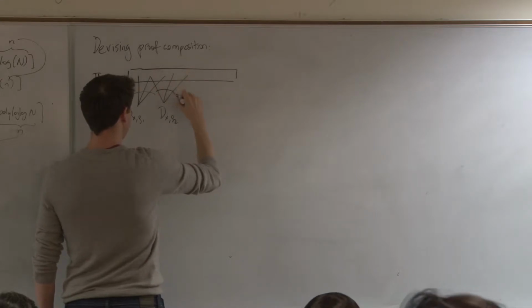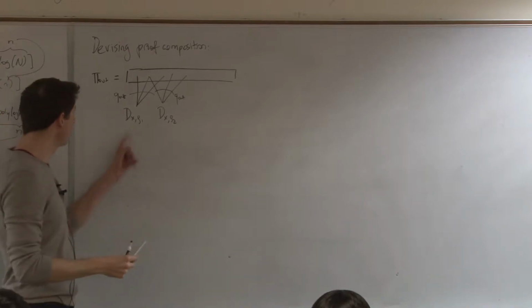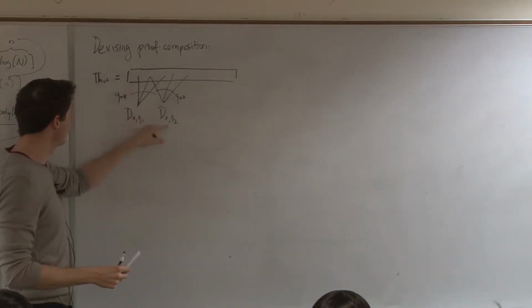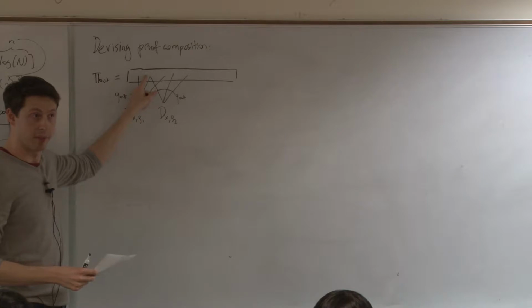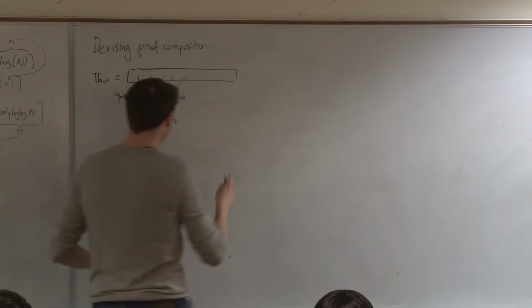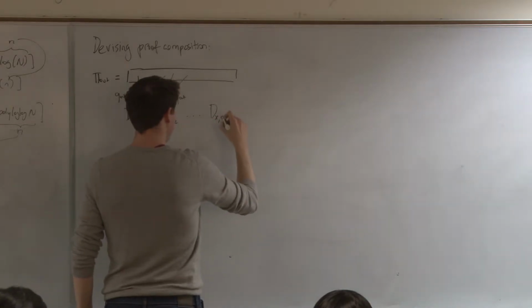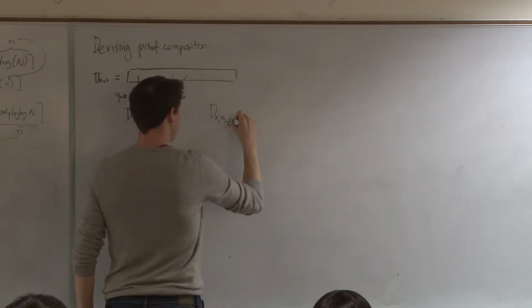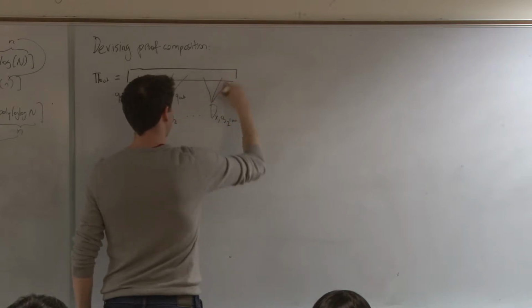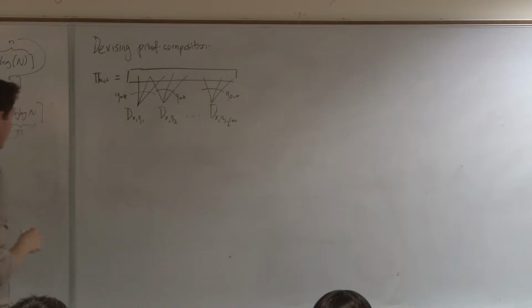And notice that some of these queries will overlap. It could be that the first test wants to look at this location, and the second test also wants to look at this location. Notice that they should read the same thing. That's important. And so on and so forth, up to row 2 to the R out, which also asks some Q out locations. And then the point is that Q out is too big for us.